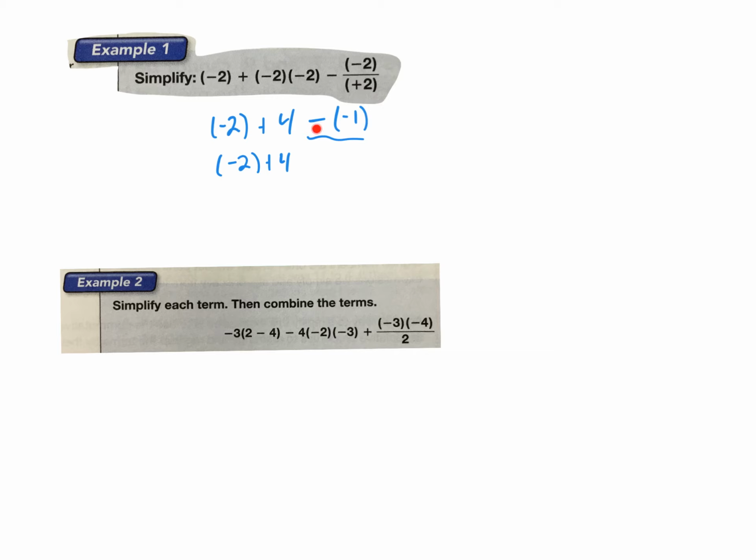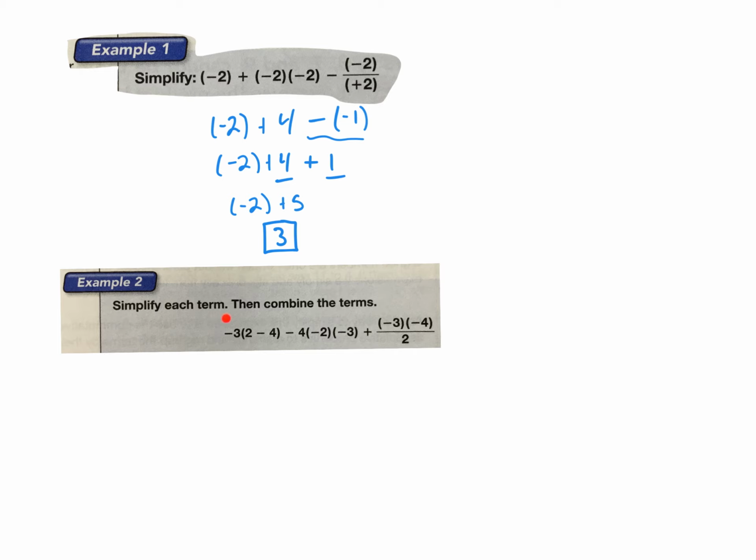Since I'm subtracting, I'm going to add the opposite. The opposite of negative 1 is 1. So I'm going to go ahead and add those two together. So it's going to be negative 2 plus 5. And then those have different signs, so I'm going to subtract. So 5 minus 2 is 3, and keep the sign of the bigger one, which is the 5. So my answer here would be 3.